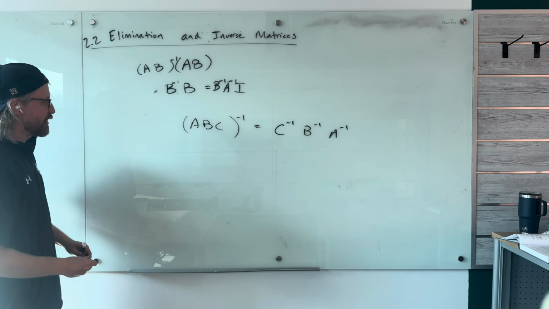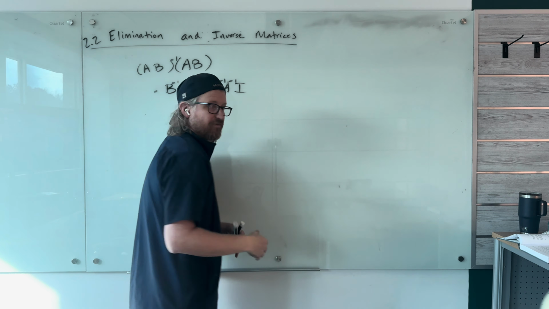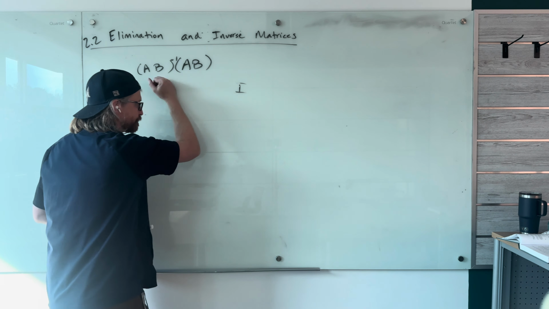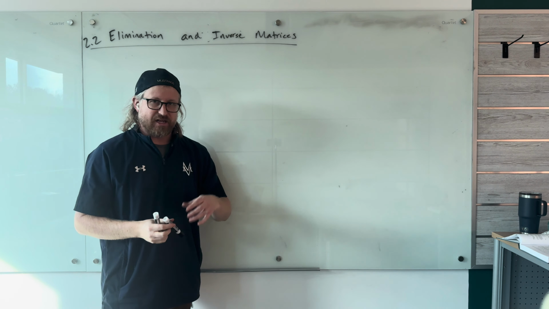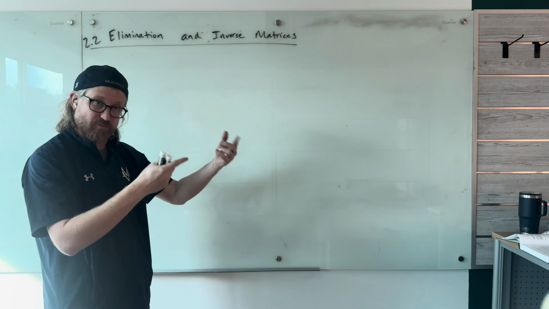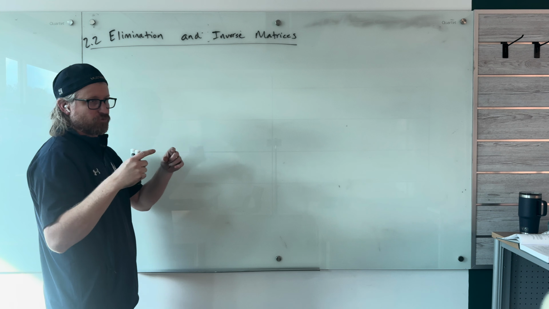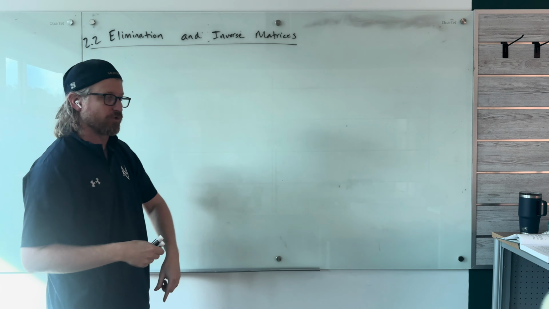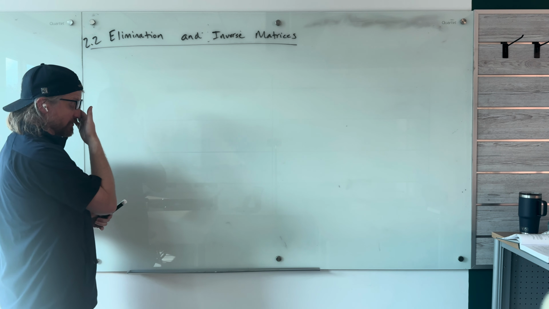Applying this to elimination matrices is what I want to focus on in this video, because I've got an example from a previous video, 2.1 actually, that we changed to be upper triangular, to show you this process. The process leads into the next section, 2.3, when we're actually going through and doing this special type of factorization.